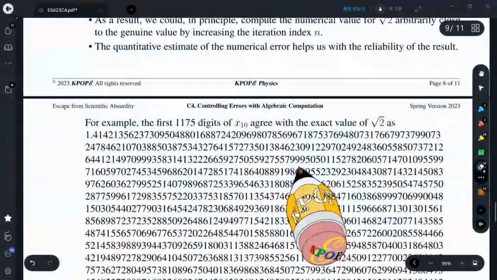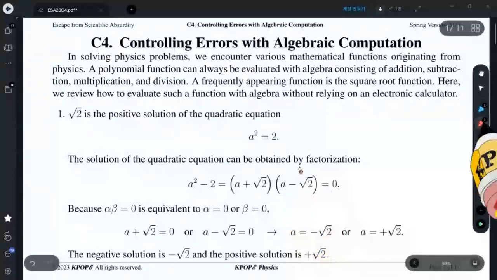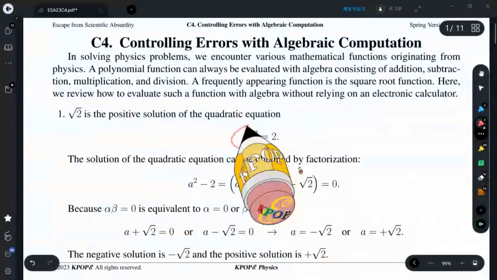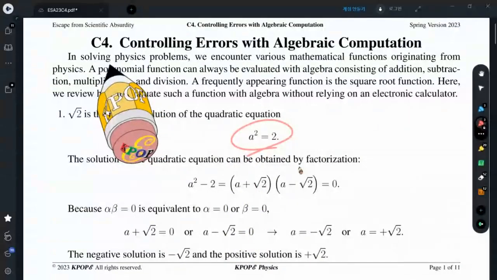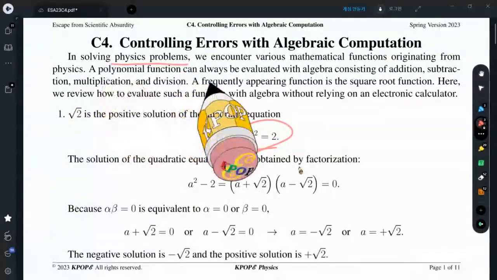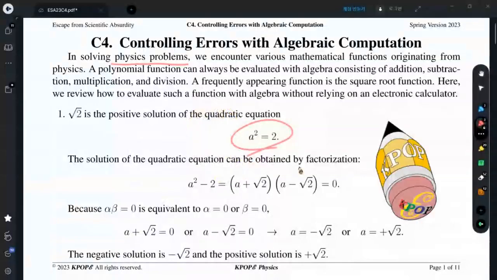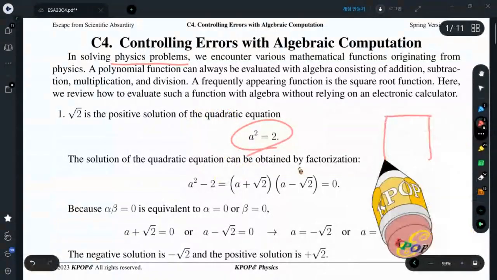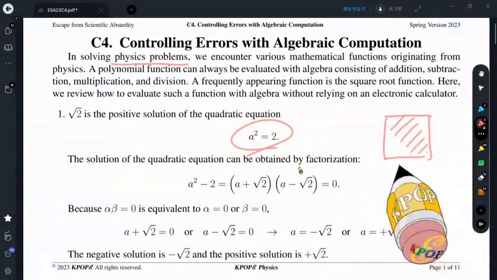So let's start today: the simple way to compute the square root of 2 in a very accurate way. As I already told you, in solving physics problems, we are always working in mathematical language, and many mathematics problems originate from physics problems. For example, this is 1 centimeter.